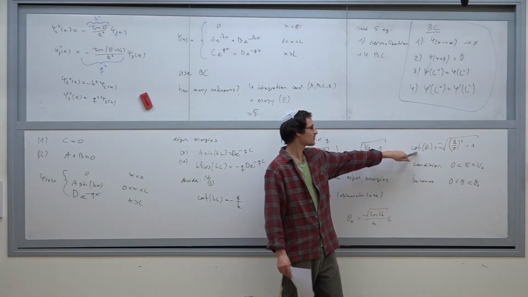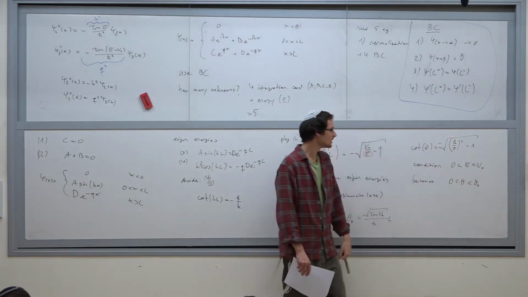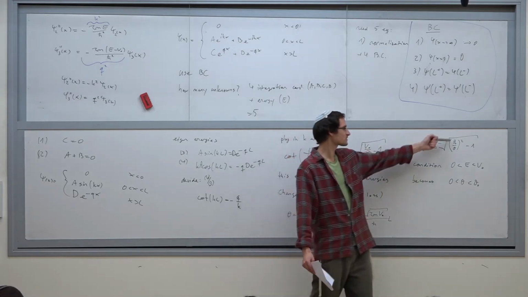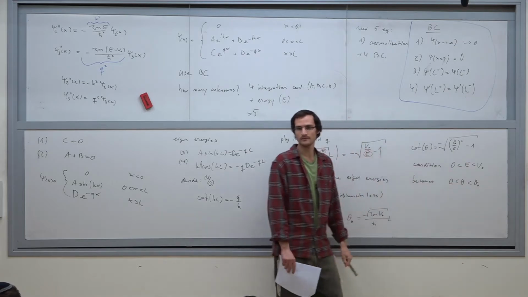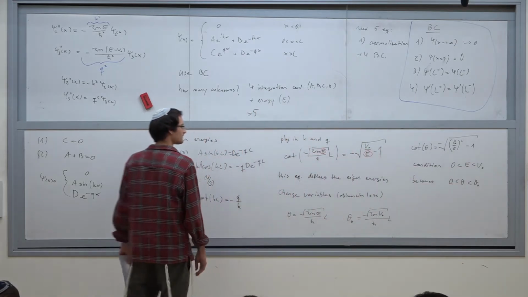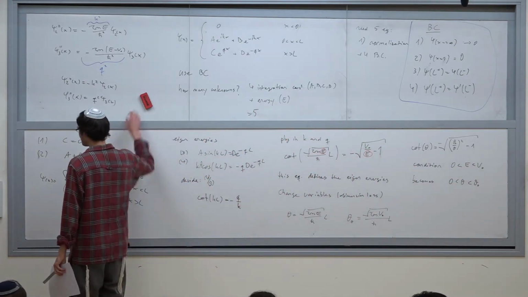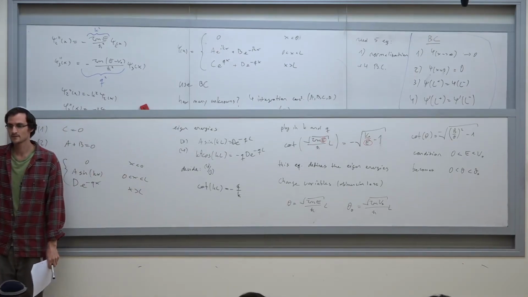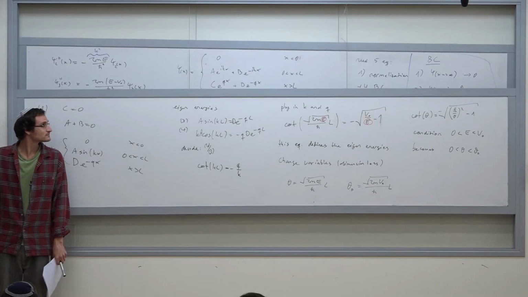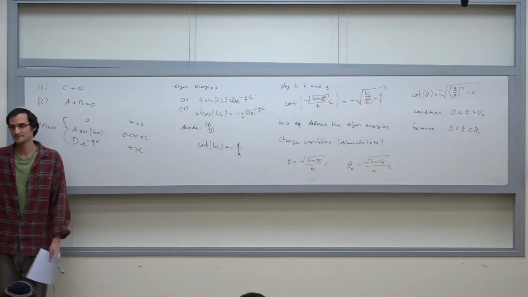And obviously a real number will never equal an imaginary number, so there's no solution for theta larger than theta 0. That just reflects the condition that E must be smaller than V0. That's cool. It confirms our condition. Yeah, it's always nice to see.